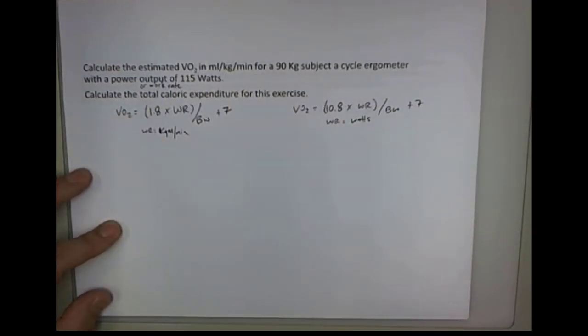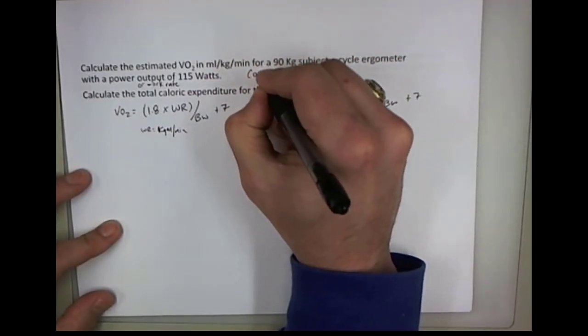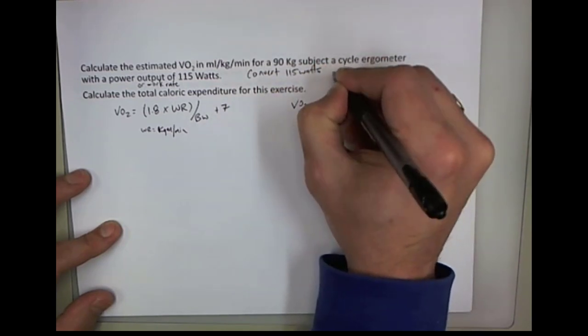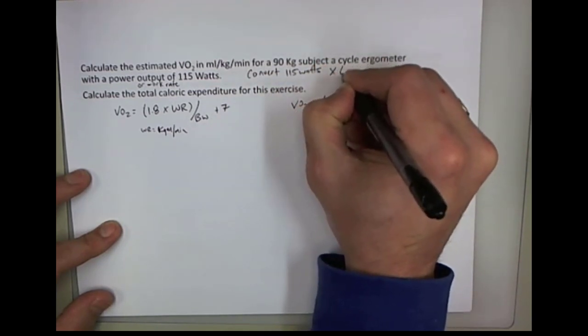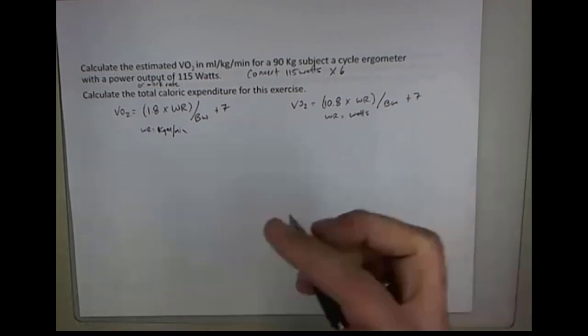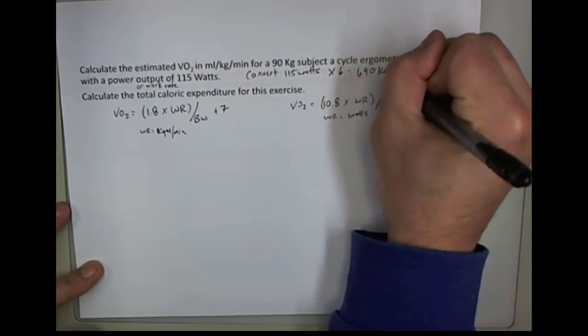In this case, of course, we're given watts, so we could solve that one, or the other option is we could convert 115 watts to kilogram meters per minute by multiplying by 6, which gives us 690 kilogram meters per minute.